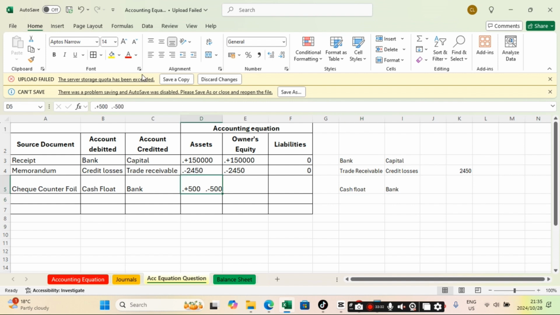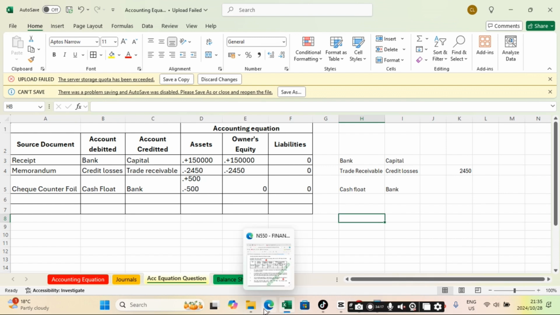Yes, it needs to be something like this. So plus 500 for cash float, minus 500 for the bank, and our owner's equity and liabilities are not affected. So this is how you're going to record that transaction.